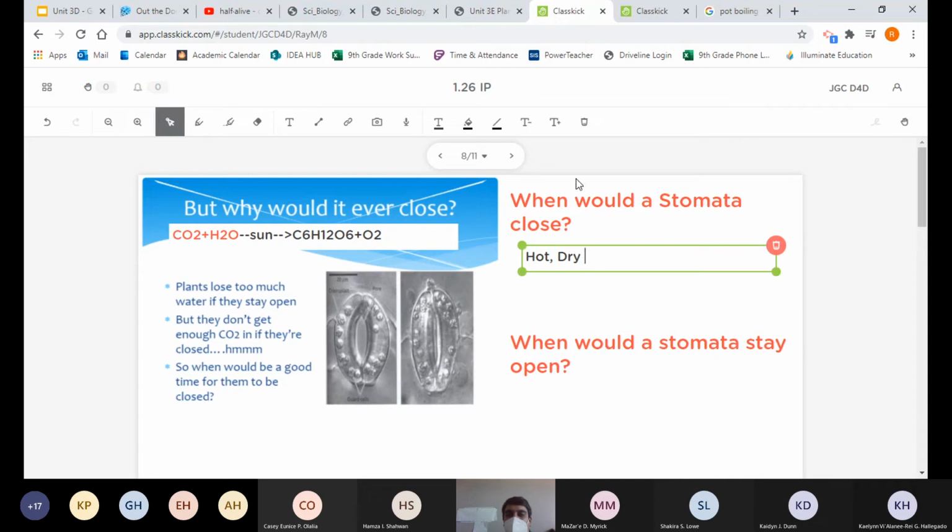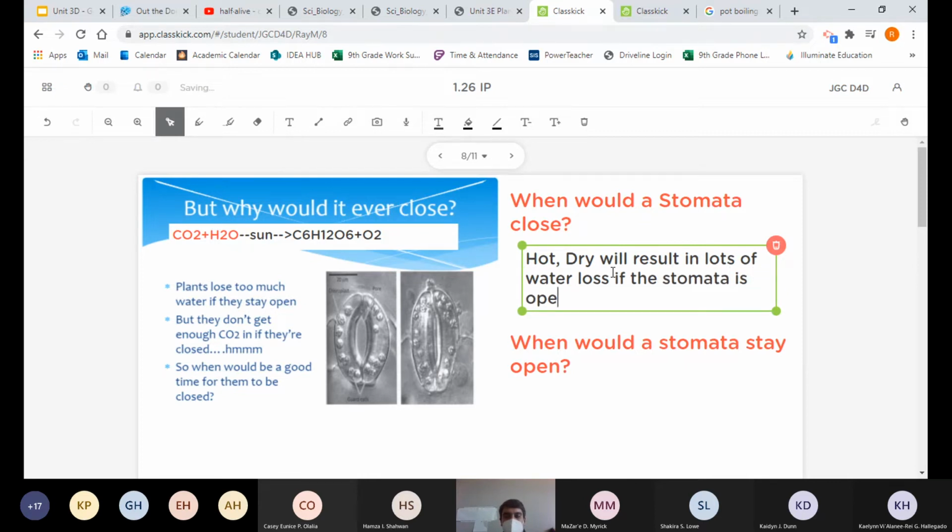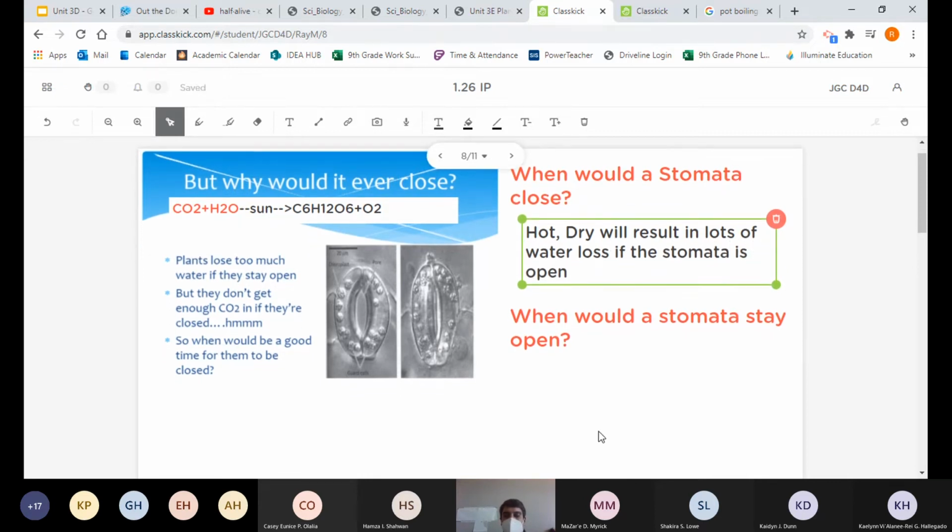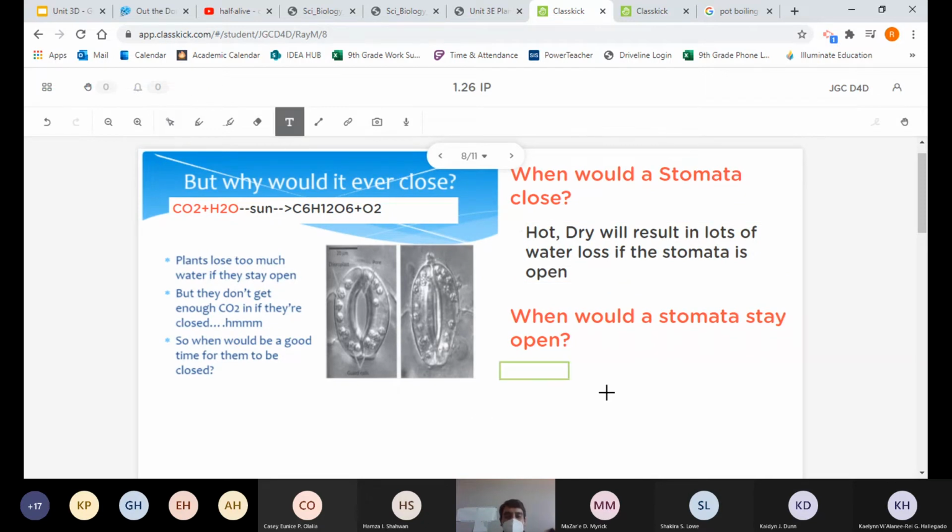Okay, so a hot, dry environment is going to be bad. That means that the stomata should be closed. It will result in lots of water loss if the stomata is open. So if it's going to be hot and dry, it's going to stay closed.